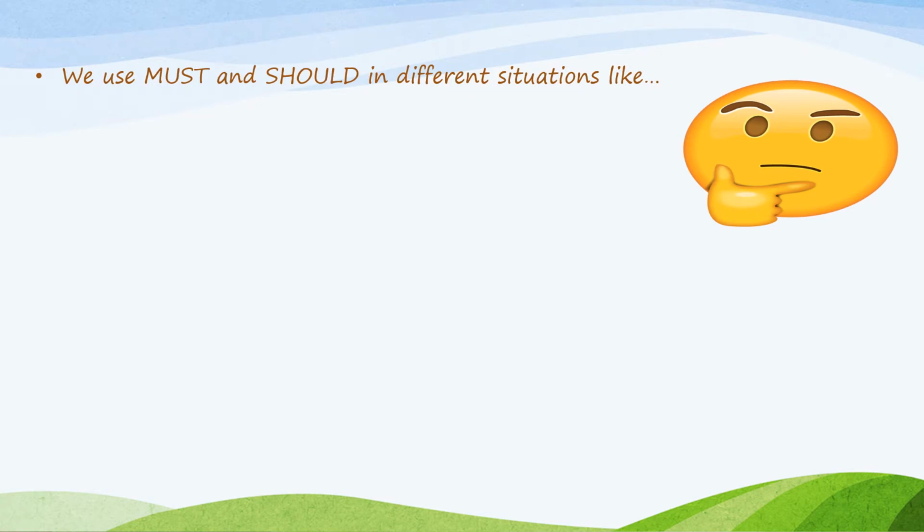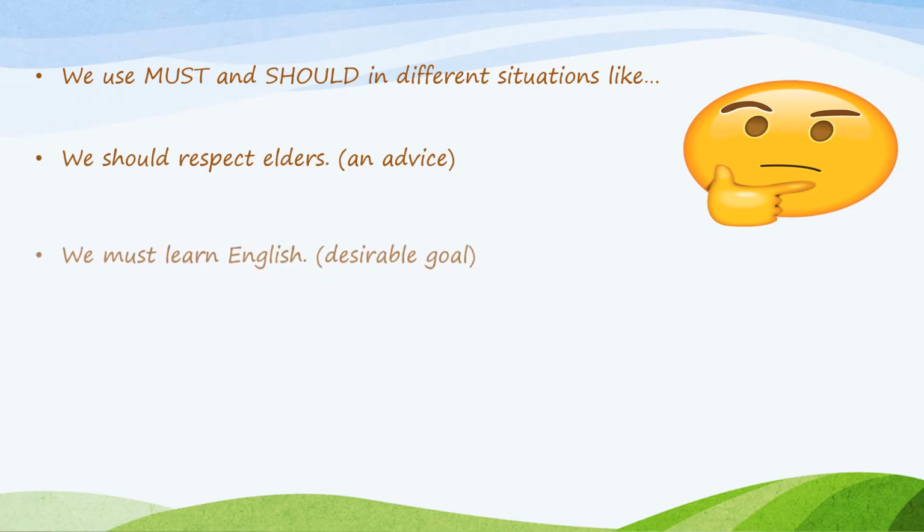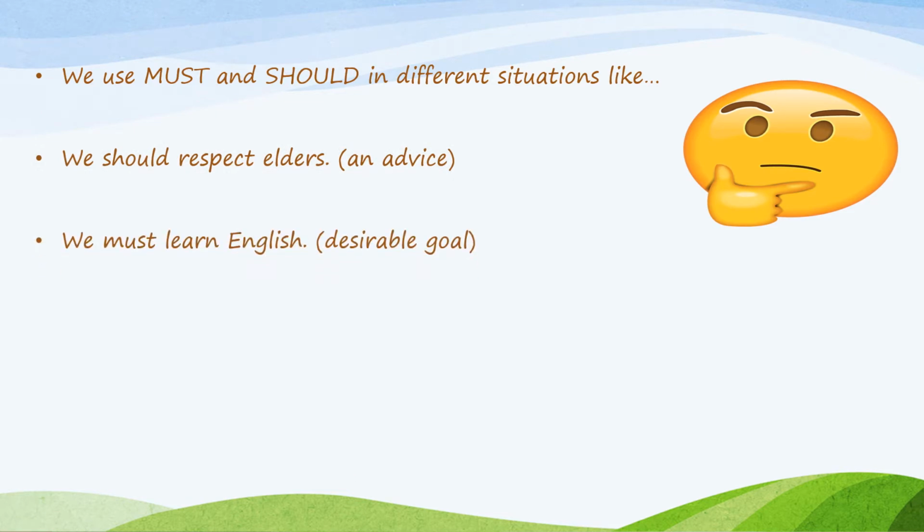We use must and should in different situations, like we should respect elders, we must learn English. Here, in the first sentence, we should respect elders. That is an advice.